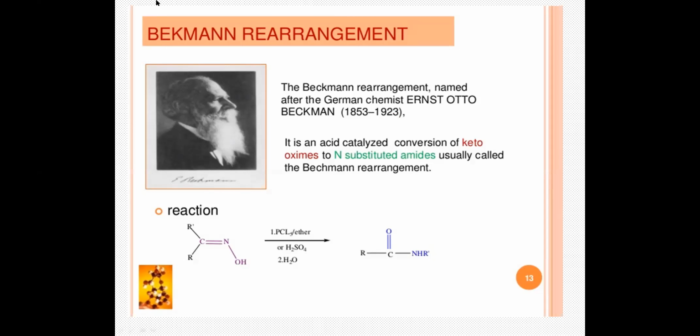The reaction takes place in acidic condition and leads to conversion of your oxime into your N-substituted amide. So remember, Beckmann's reaction is nothing but conversion of your oxime into your substituted amide. Very important to be remembered, it is most frequently asked in the exam for 5 marks, and even in competitive exams this particular reaction is asked.